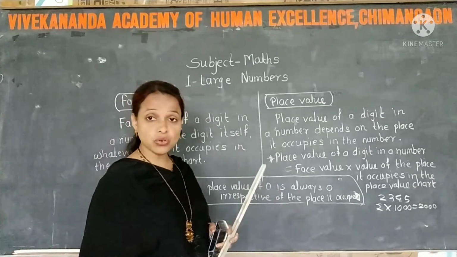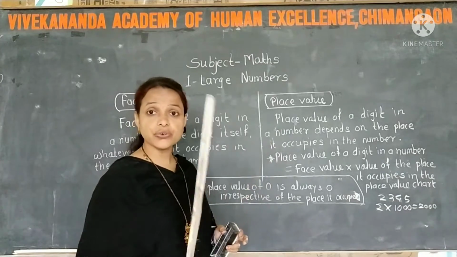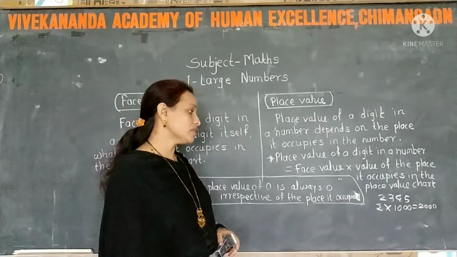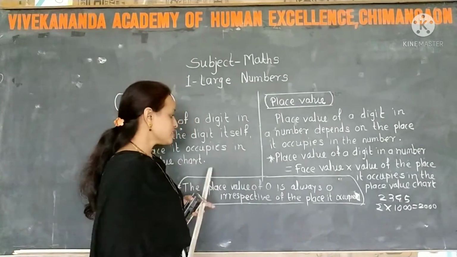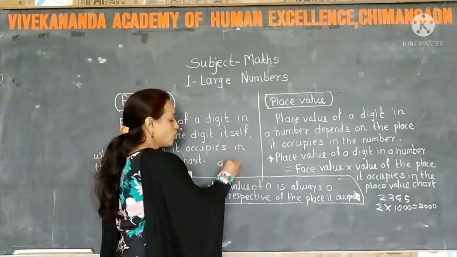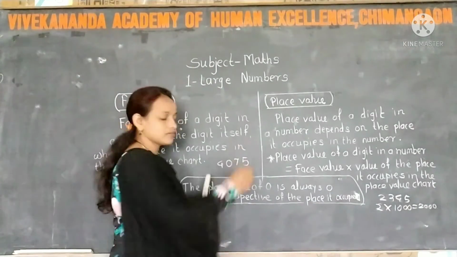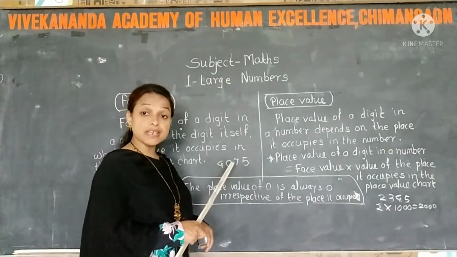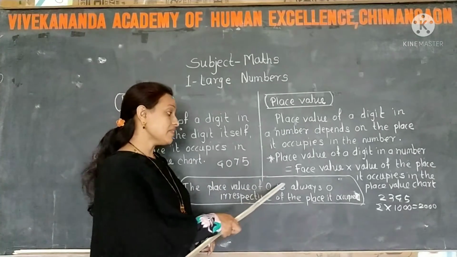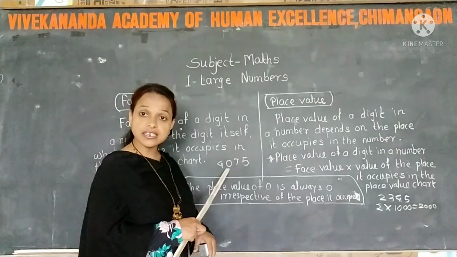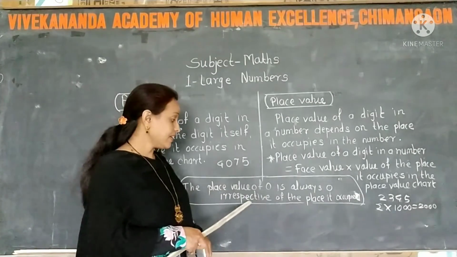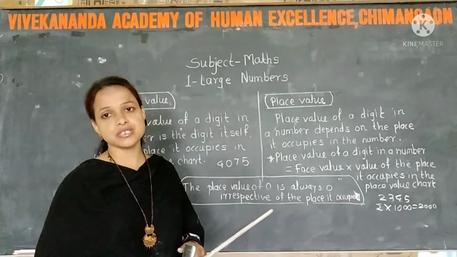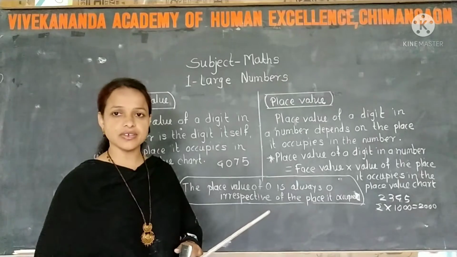And one more important point you have to remember: place value of 0 is always 0, irrespective of the place it occupies.